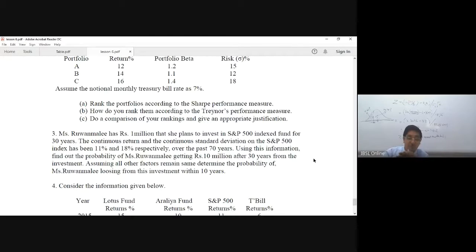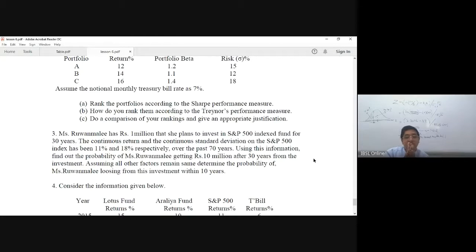Therefore, we assume the limitation of losing would be when there's no change in the investment value after 10 years. It is the same after 10 years. That is the point at which we can say Ruwanmali is losing from the investment.